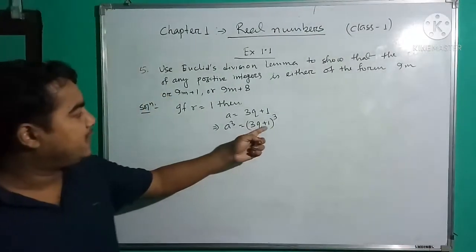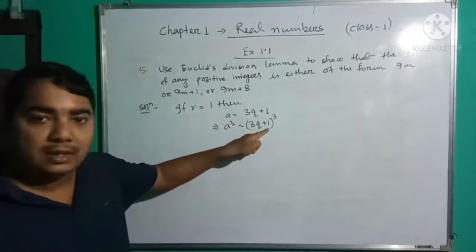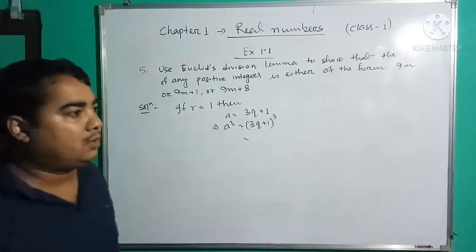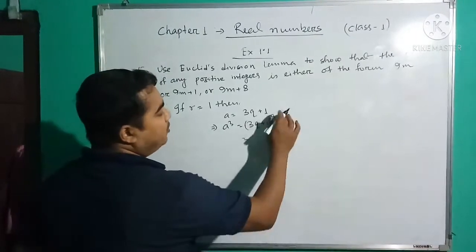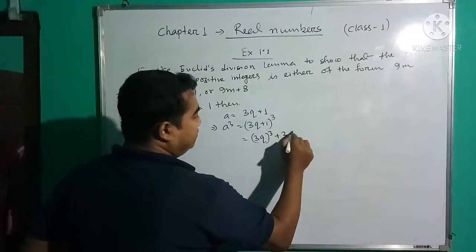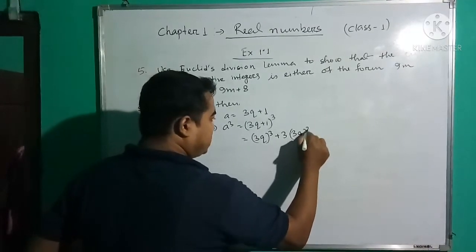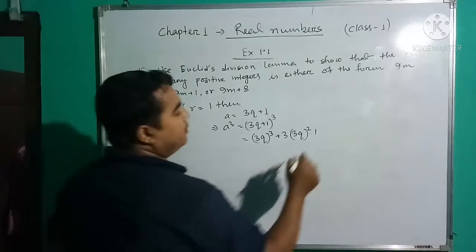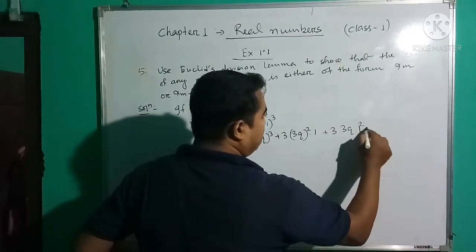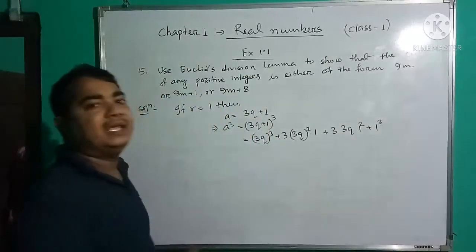Now which formula is satisfying? See, the (a plus b) whole cube formula. Okay, expand it according to the (a plus b) whole cube formula. (a plus b) whole cube formula is a cube plus 3 a square into b plus 3 a b square plus b cube.